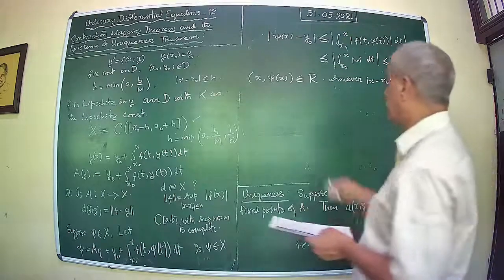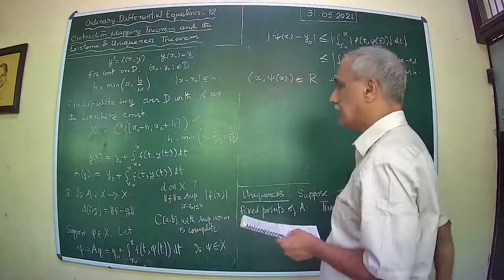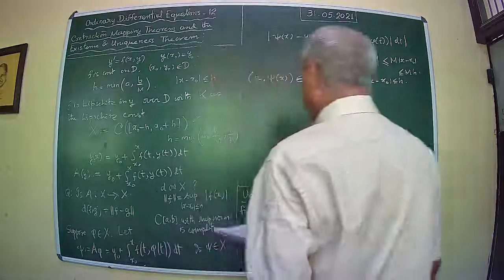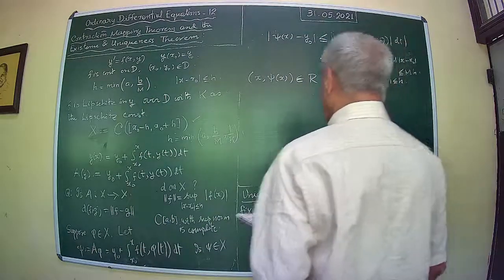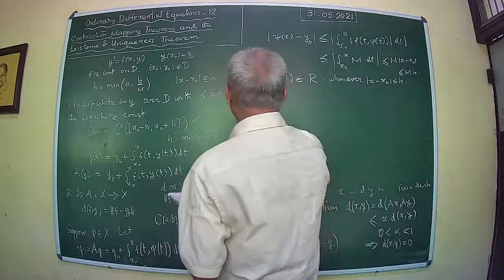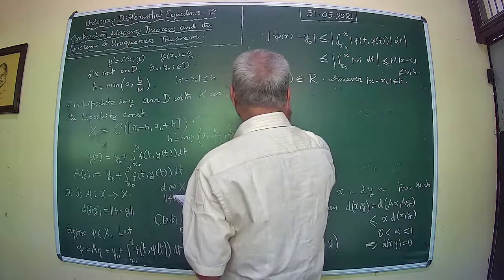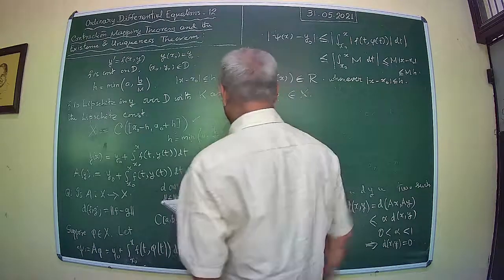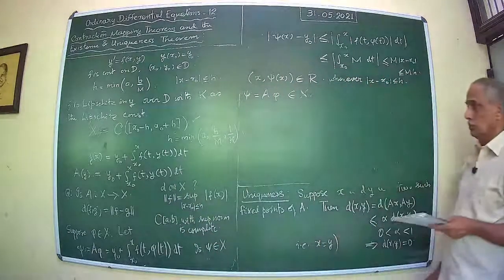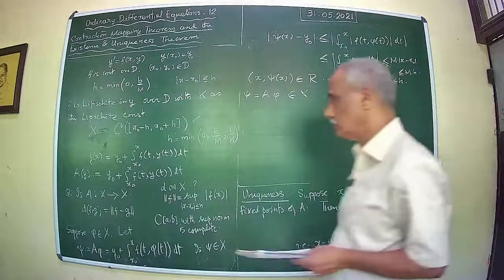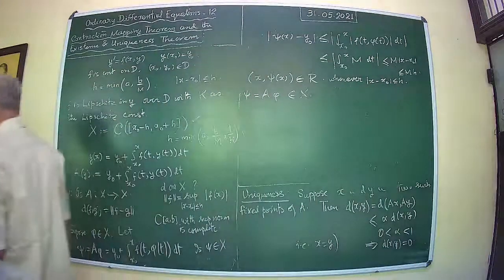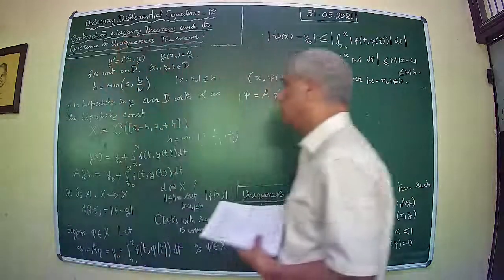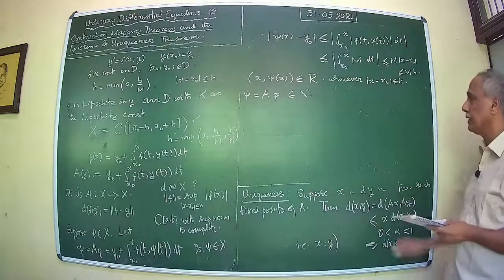Therefore, you see that the graph of this function lies inside R. If you start with a function phi which has this property, then A phi also does. So if you start with a function and apply A, then A phi belongs to X, right?